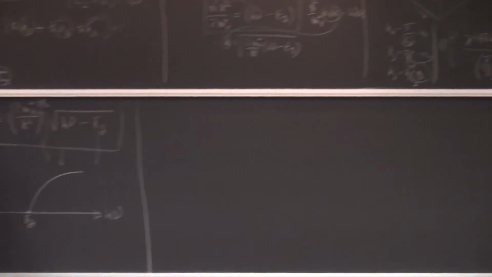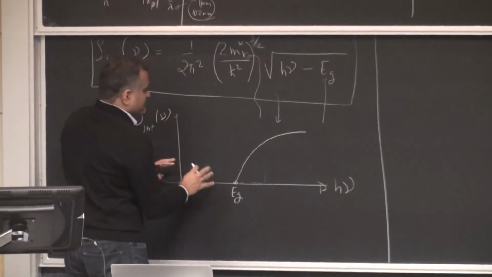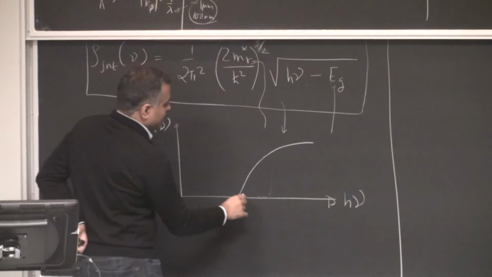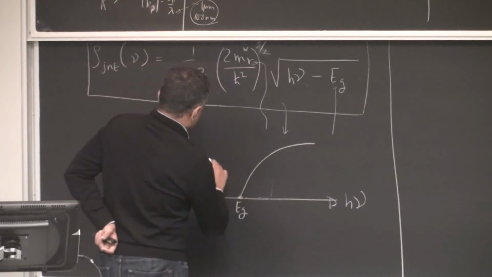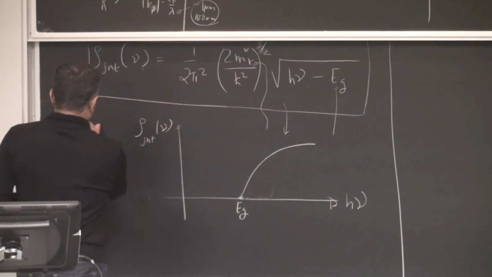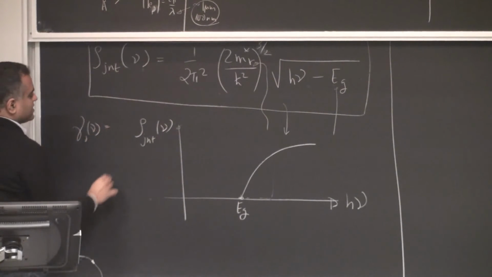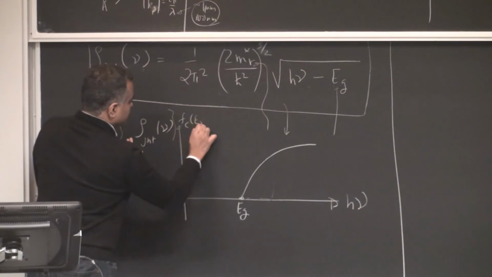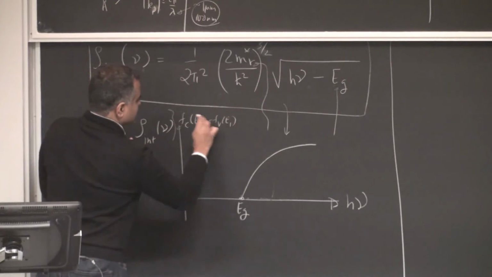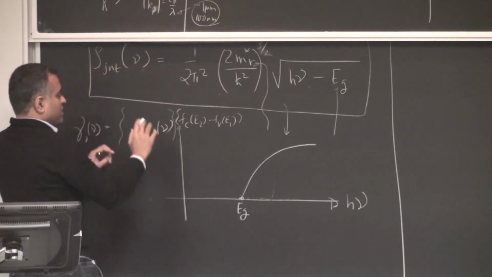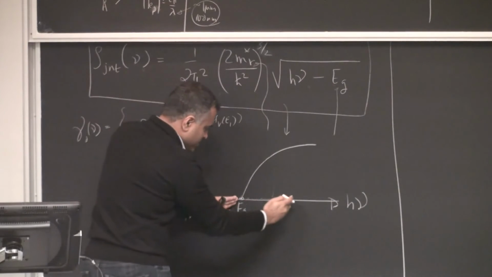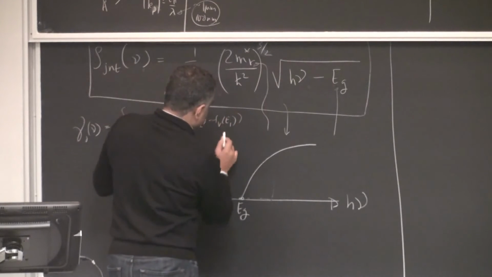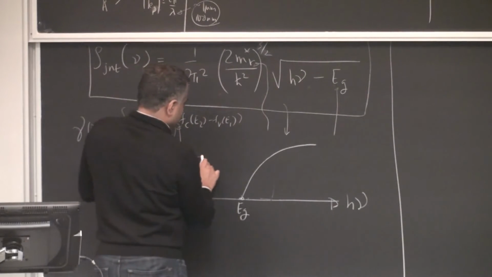So what I want to say now is that by playing with the semiconductor Fermi functions, you can show that the total small signal gain is some factors times the joint density of states times Fc of E2 minus Fv of E1. And we're going to discuss this function in some detail now. But what I want to say is I can do something to the Fermi functions by applying a voltage across a PN diode that will make this Fc minus Fv function look something like this as a function of energy.